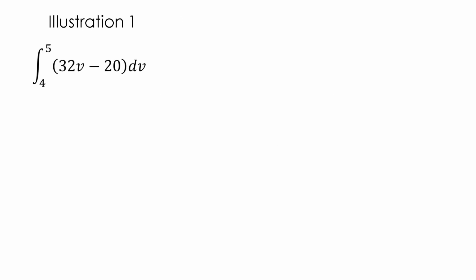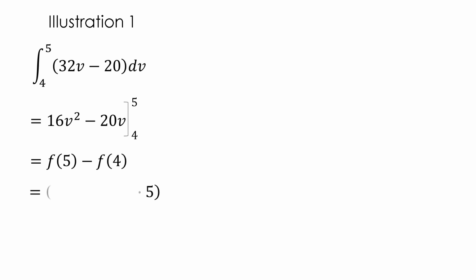The integral from 4 to 5 of the quantity 32v minus 20 dv is 16v squared minus 20v with limits from 4 to 5. We evaluate this by taking the function of 5 minus the function of 4. The function of 5 is 16 times 5 squared minus 20 times 5.